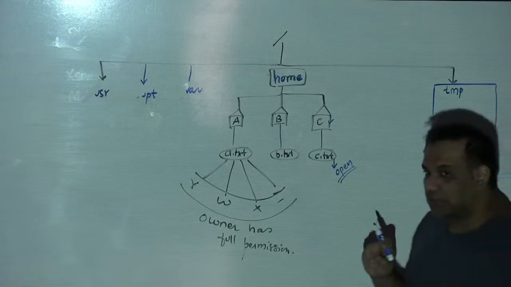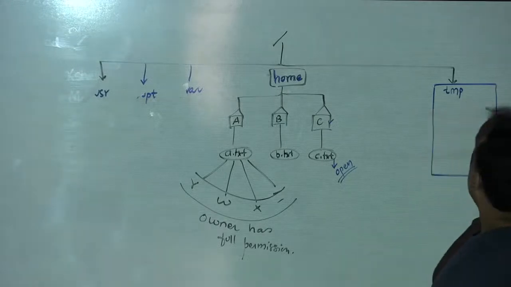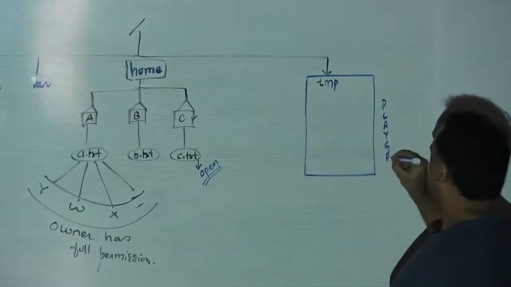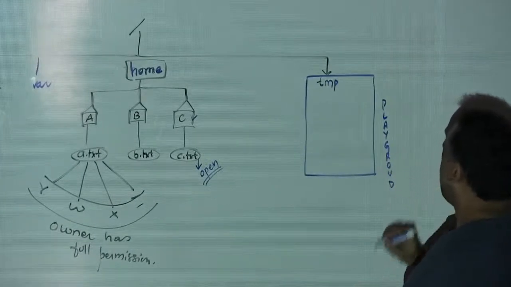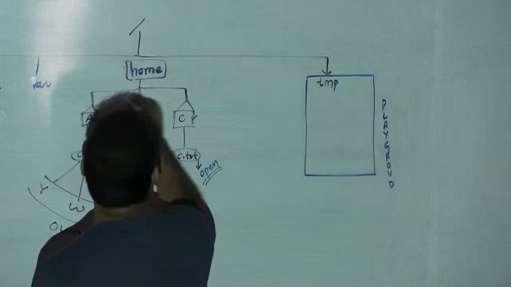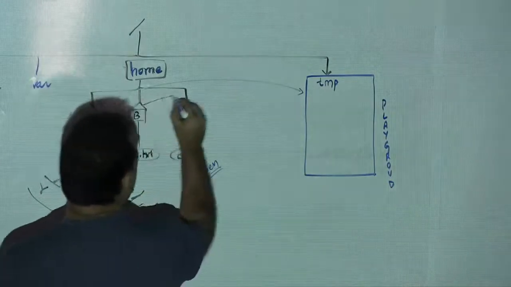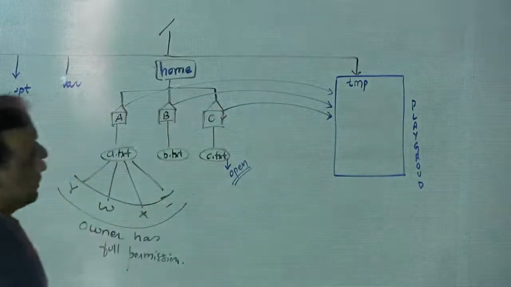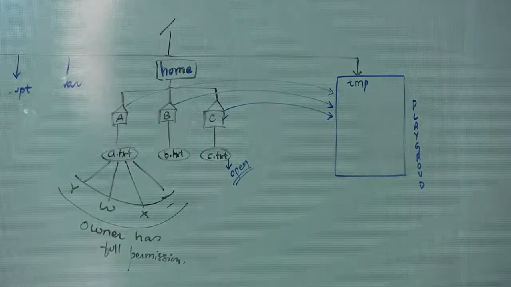Okay. So usually, think of the temp as your playground, where everyone has access. User A can get to the temp, user B can also get to the temp, user C can also get to the temp. They all have access to the temporary location.